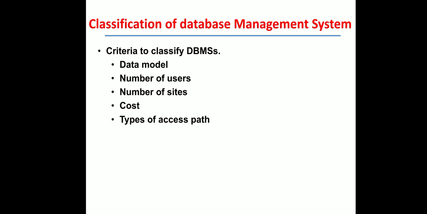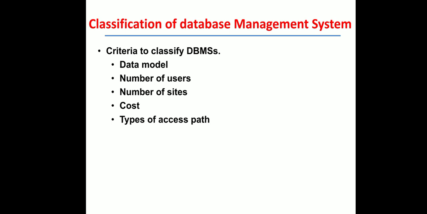Next criterion is cost. Depending on the cost of the database management system or database, we can also classify the database management system. Last criterion is type of access path. This means the way in which you are going to access the database is very important.